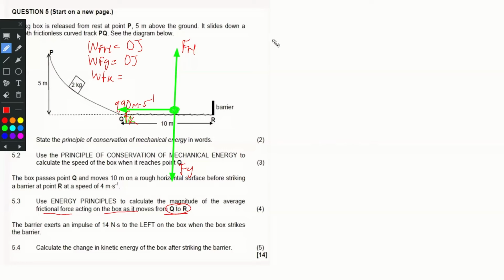Negative work. So, 5.3, we're going to say W net is equal to the change in EK. Your W net will only be represented by Fk. So break it down: it's Fk, delta X, and then cos theta. We are looking for that Fk, which is why we break it down.